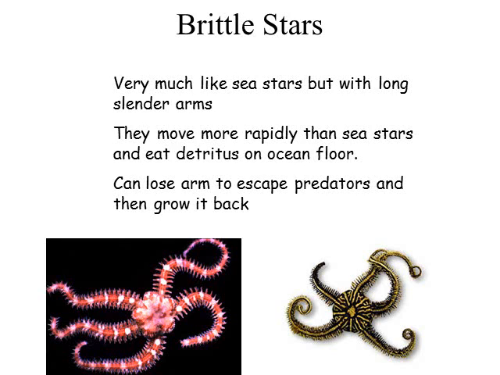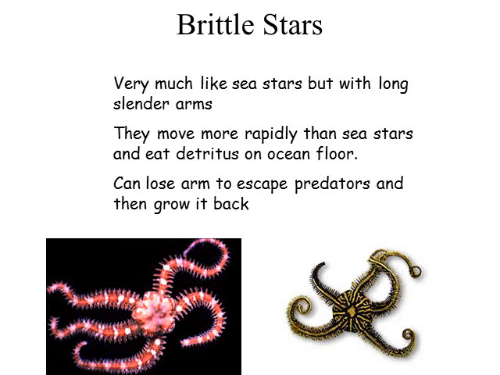They can use their arms to walk across the ocean floor, almost like you might imagine a robot or an alien, and so they can move pretty quickly for an echinoderm. Again, they eat detritus, just dead stuff on the bottom of the ocean. Maybe a fish dies and falls down to the bottom, or there's some rotting algae or seaweed on the bottom of the ocean. They would happily eat that.